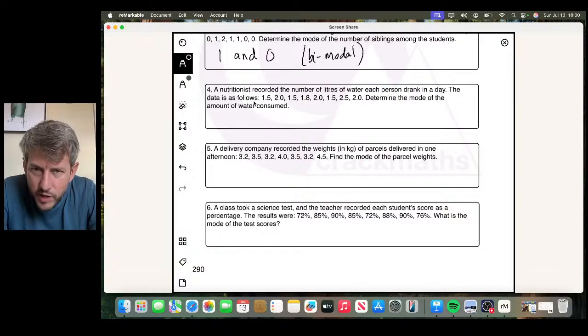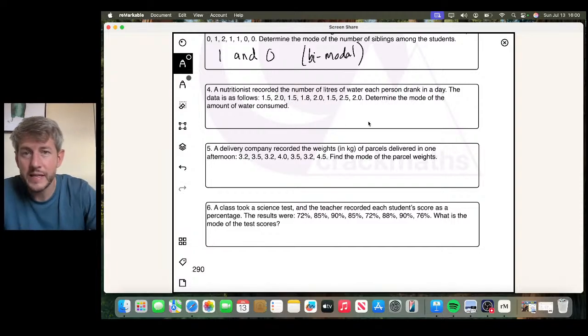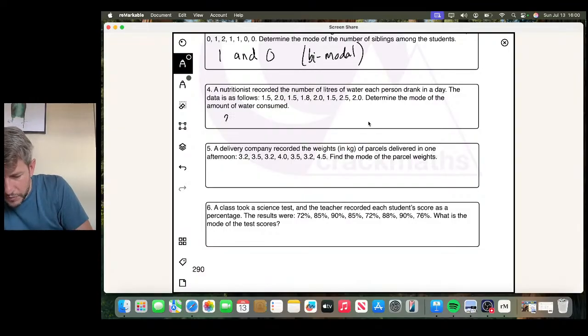Okay, so we've got 1, 2, 3 2s, and we've got 1, 2, 3 1.5s. None of the others reappear, so it's bimodal again. So we've got 2 and 1.5. Okay, so bimodal.